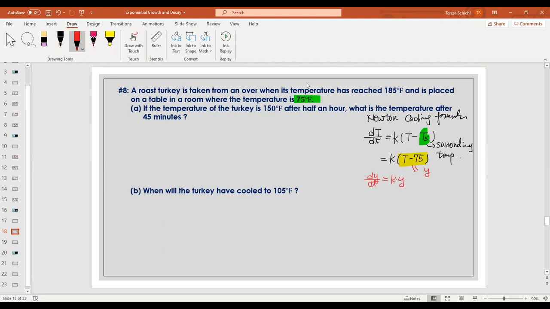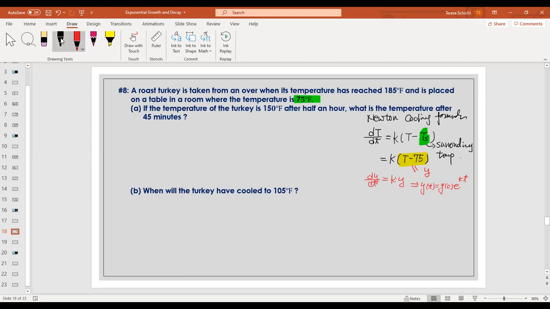Then you say, oh my gosh, this is what we first introduced when we introduced exponential growth and decay, this is the formula we started from. From here we derived y(t) equals y0 e^(kt), right? We have to use this formula here.